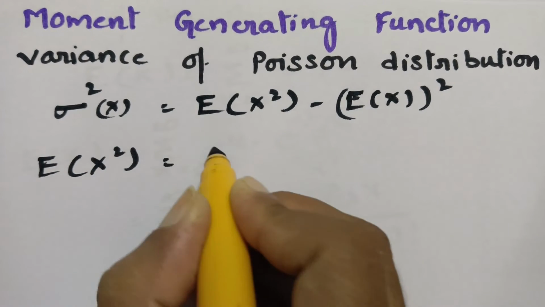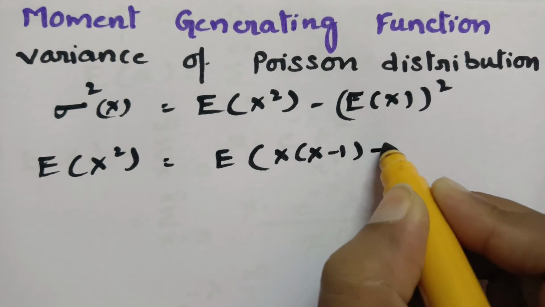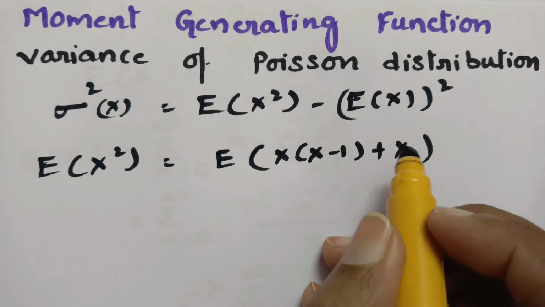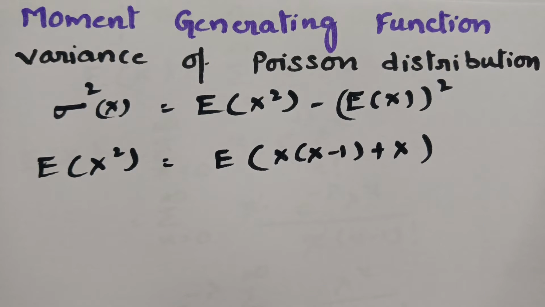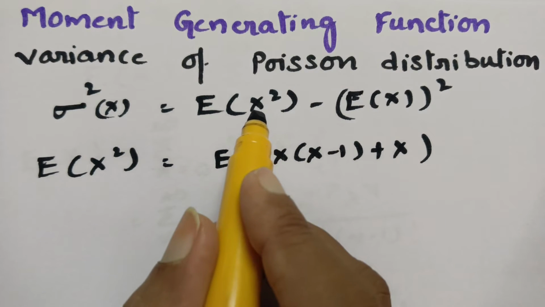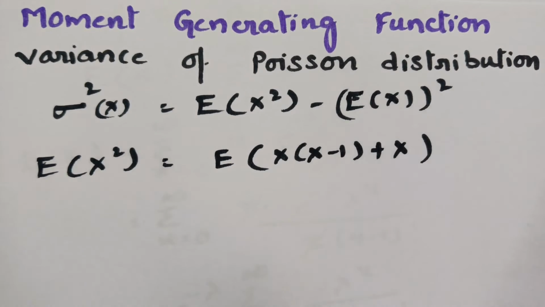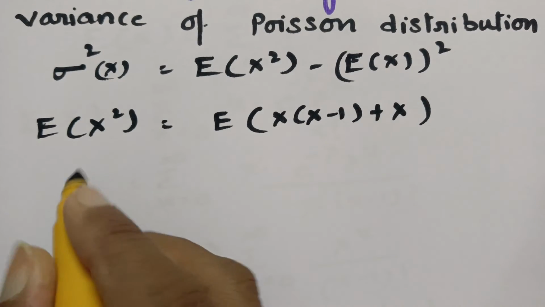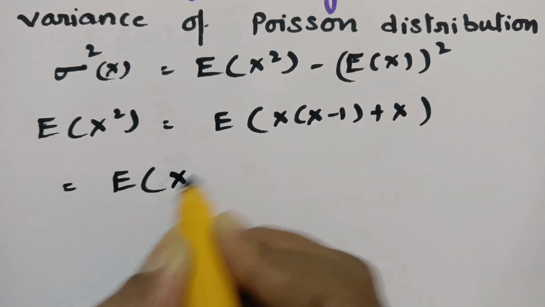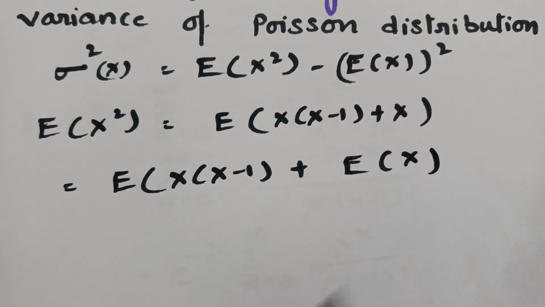This can be written as expected value of x into x minus 1 plus x. I'm subtracting and adding x for my convenience. Expected value of x is nothing but the mean value, so we get mean square. First I'm going to solve this, which is E of x into x minus 1 plus the expected value of x.